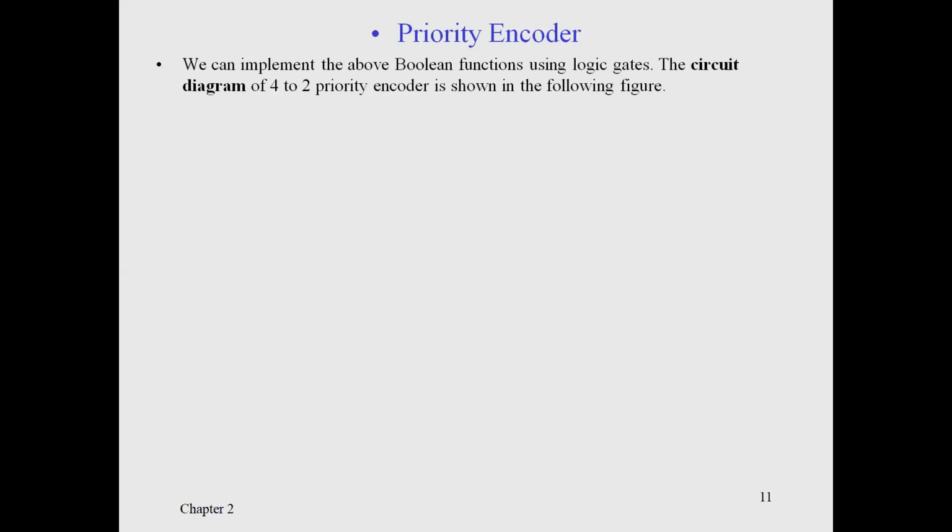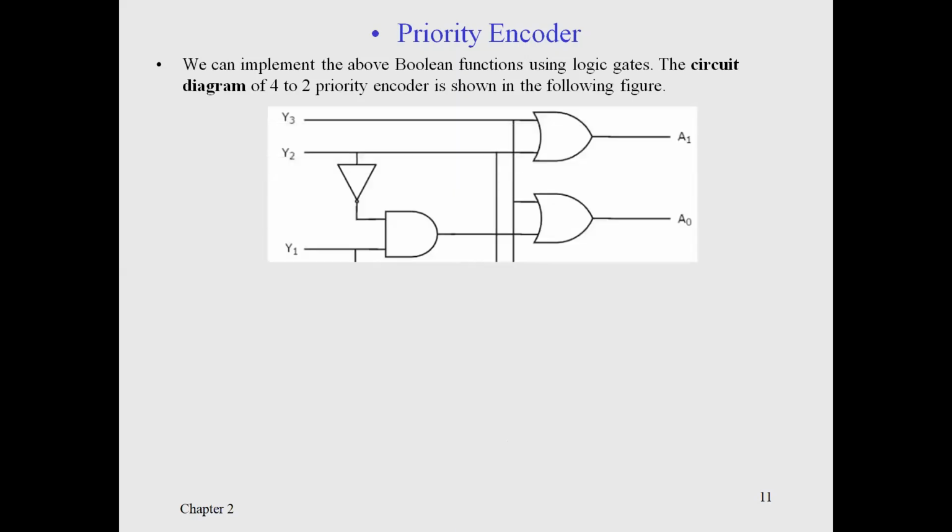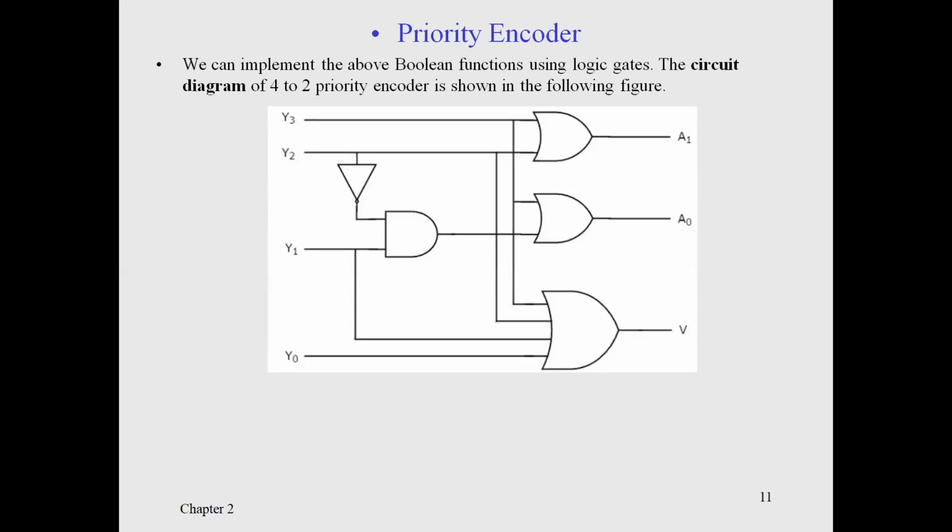We can implement the above Boolean functions using logic gates. The circuit diagram of the 4 to 2 priority encoder is shown in the following figure. As you can see here, it is based on the previous expressions we got, so A1 is equal to Y3 plus Y2 and so on.